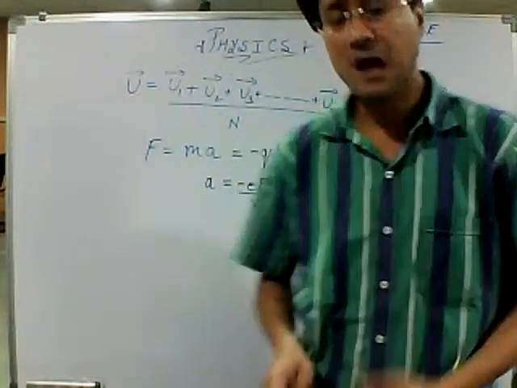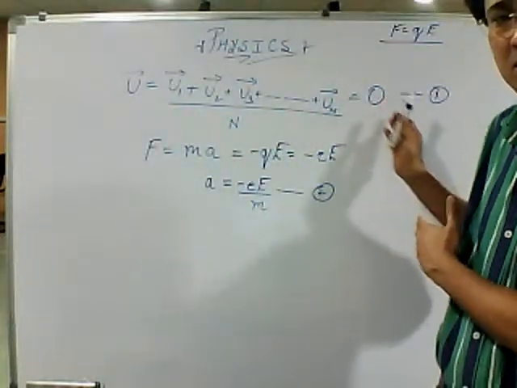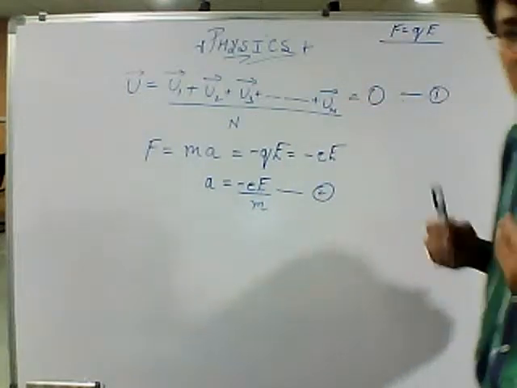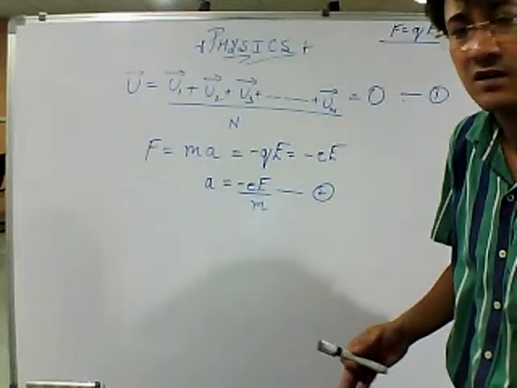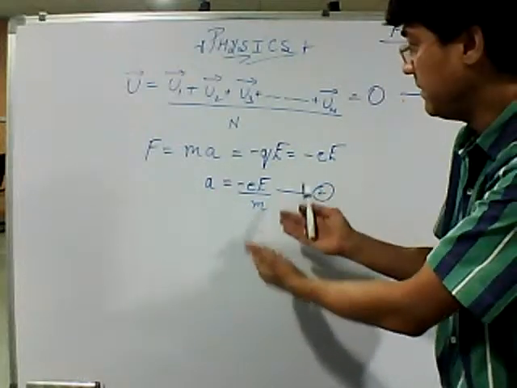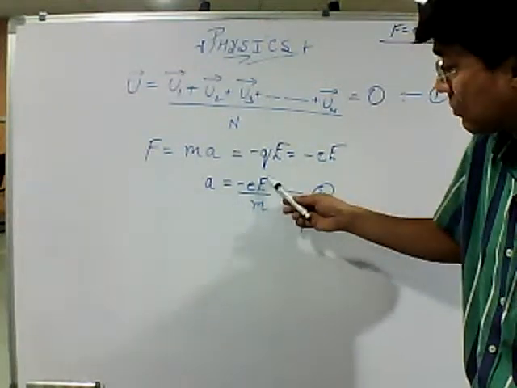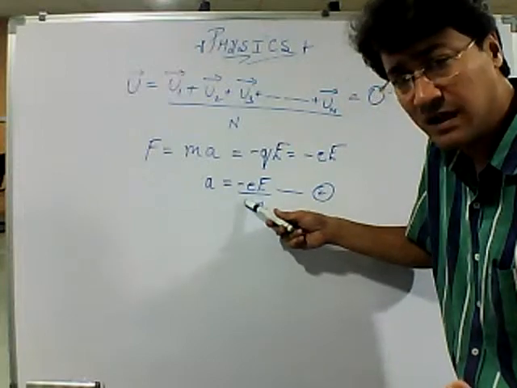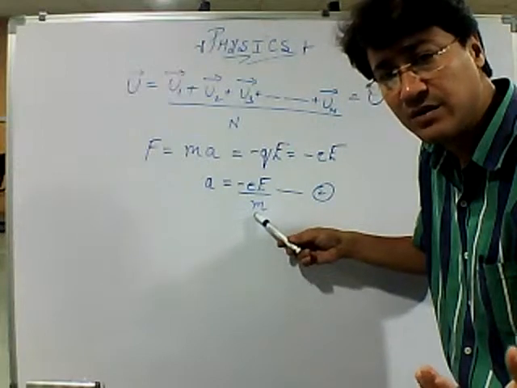Now what will happen? In the initial case, the initial velocity was on average 0. When you applied external work, it experienced a force due to which it got accelerated with a value of eE by m. Now it is totally dependent on the electric field. You can see the charge on the electron is constant, the mass of the electron is constant.